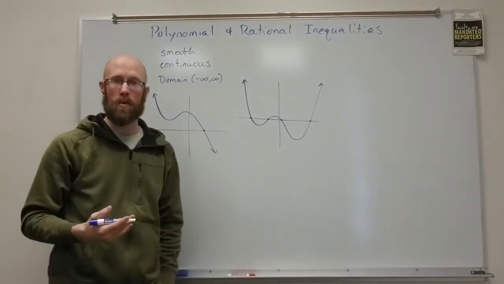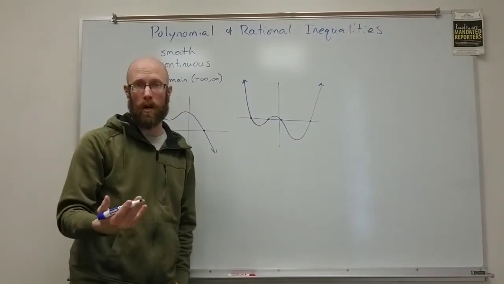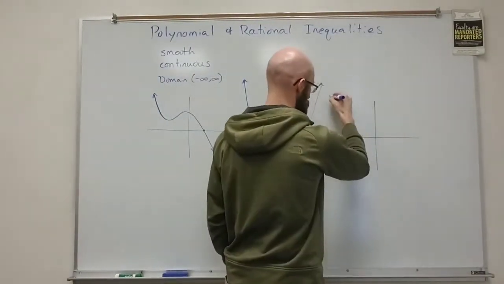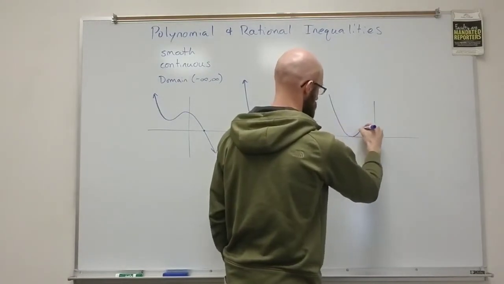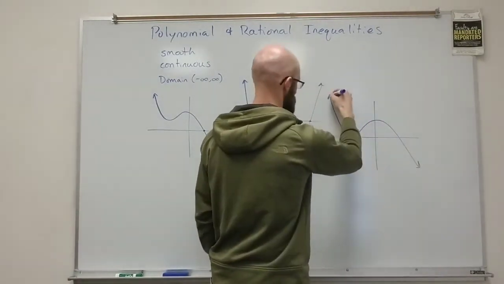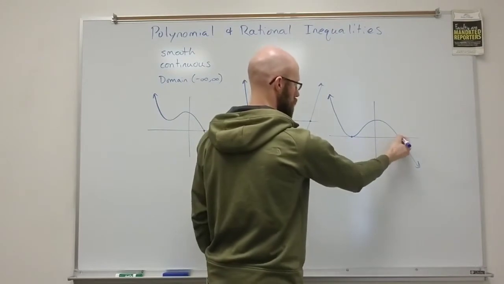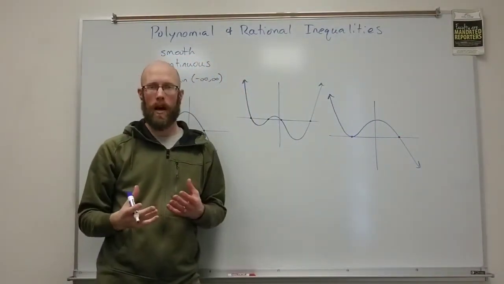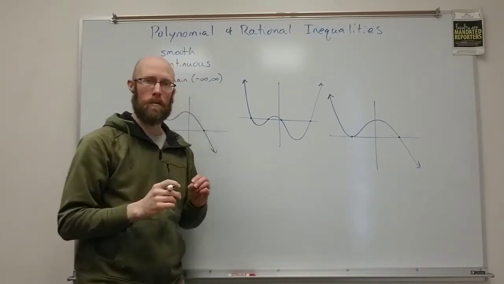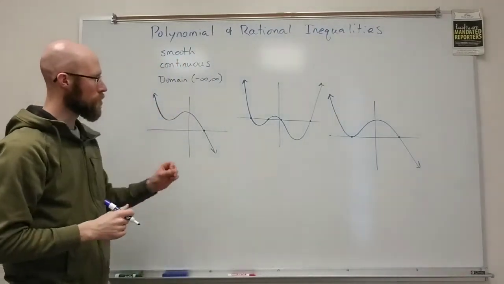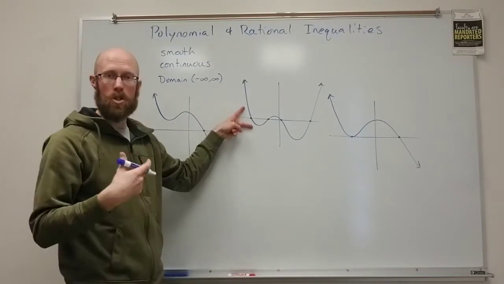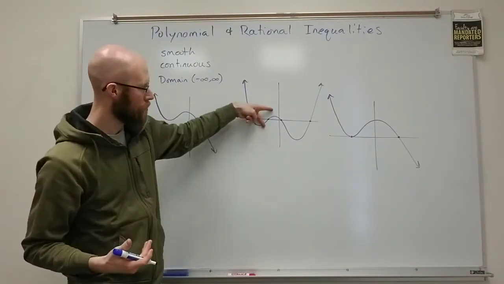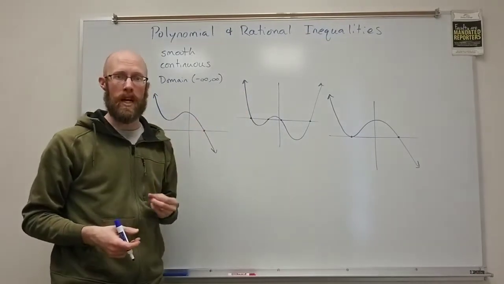Now there are times where it may hit the x-axis but not go through, right? If we had an even multiplicity on a zero, we've seen this before, where the graph can touch the x-axis but not go through. So there are many things that could happen at an x-intercept, but the main thing is the only places where a graph can switch sign, the outputs can switch sign from positive to negative or from negative to positive, can be at x-intercepts.